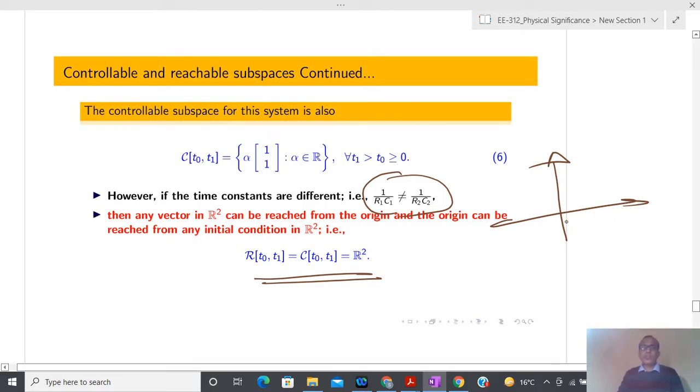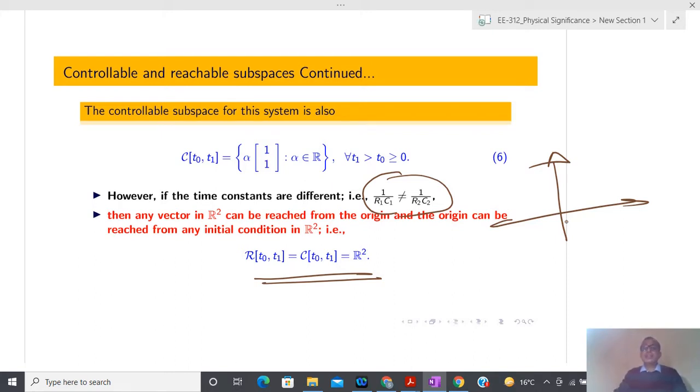In this way we are able to identify in which direction I can move or not move. Suppose 1 by R1 C1 equals 1 by R2 C2; it is possible to show that you can design any control action, but you cannot move in those directions where both components are not equal. That is the main thing.